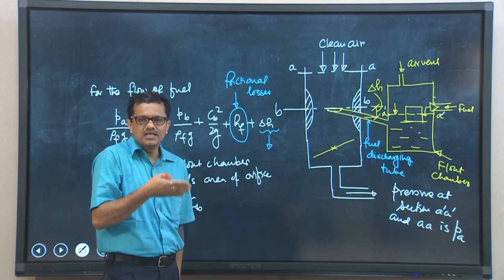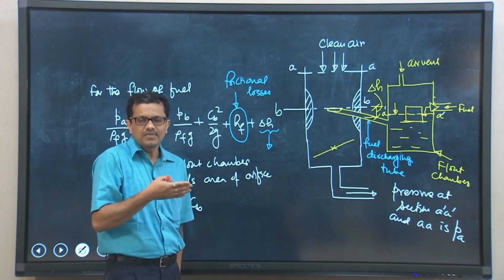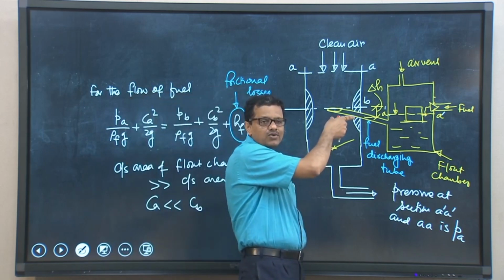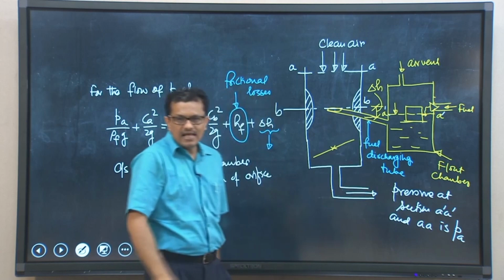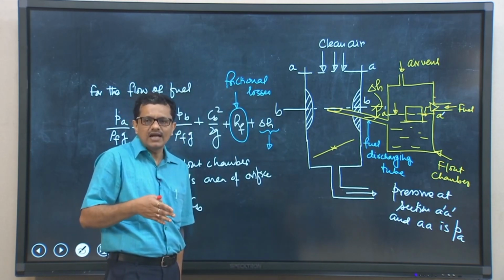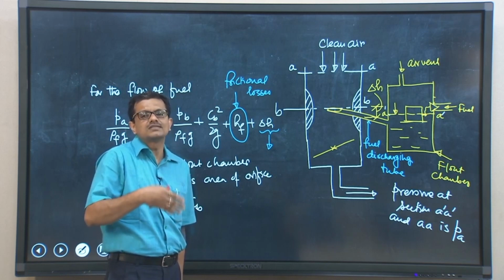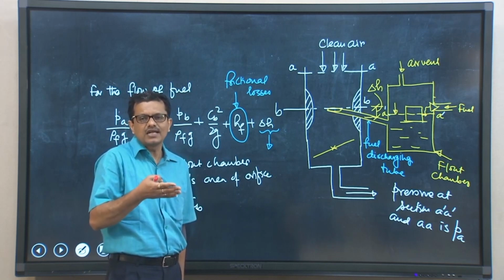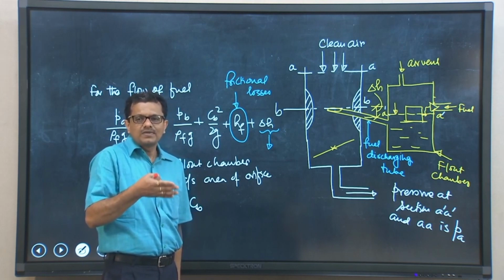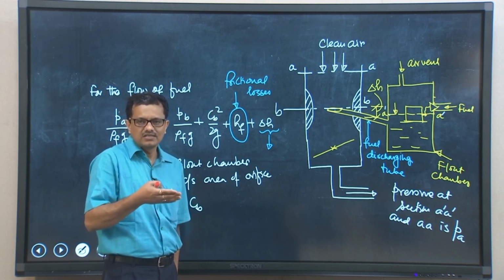So, we cannot ignore all those losses trivially, and the isentropic flow behavior will not be the actual scenario. So, the mass flow rate of air that we had in the last class again was the actual mass flow rate, and that was the ideal mass flow rate, and to obtain the actual mass flow rate we had to multiply with discharge coefficient CDA.